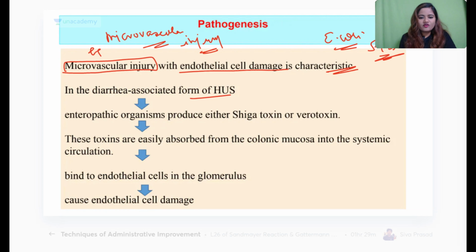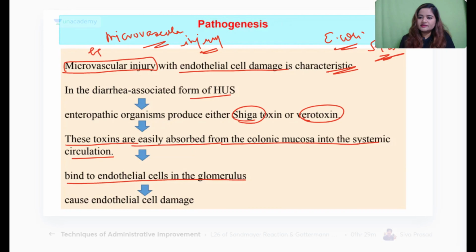So in diarrhea associated form of HUS, what will happen? अगर हमारे अंदर diarrhea inducing agent पहुंच गया, that is they produce either Shiga toxin or verotoxin. So what will happen? These toxins get absorbed from the colonic mucosa into the systemic circulation. Once they get absorbed, they will bind to the endothelial cells in your renal apparatus, that is glomerular, and it will cause endothelial cell damage.